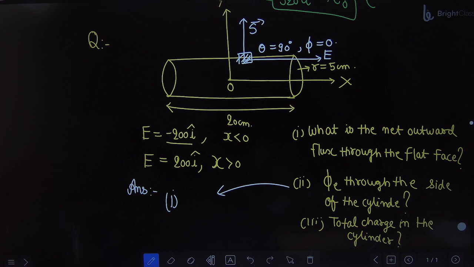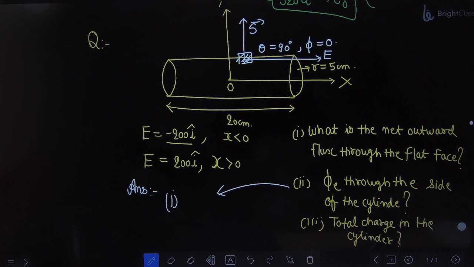For the first part, do not read the question improperly. For the left surface, the electric field is already negative, so negative times negative becomes positive, because the angle will be cos 180.